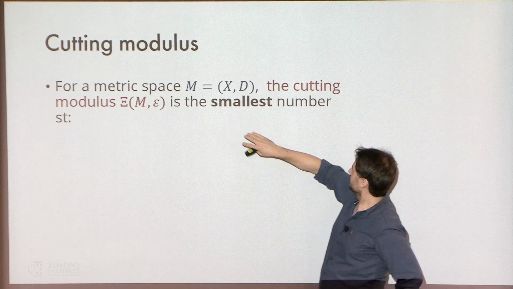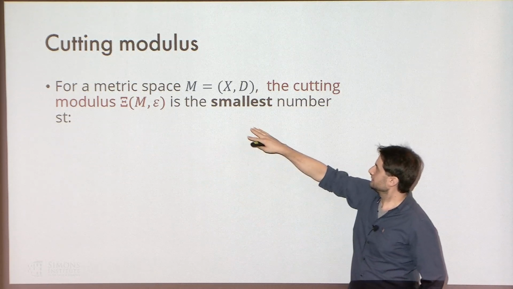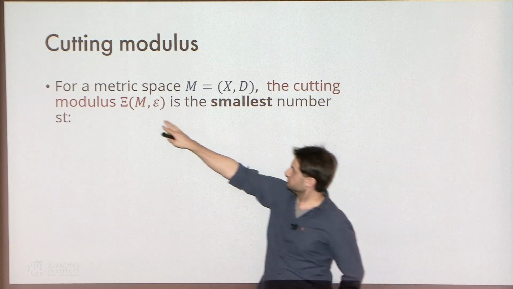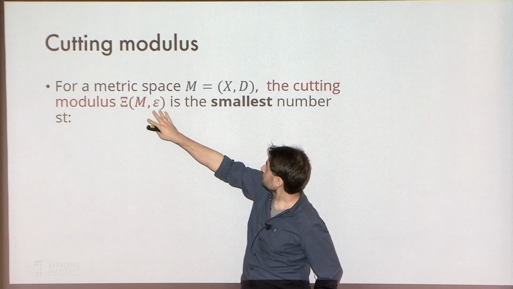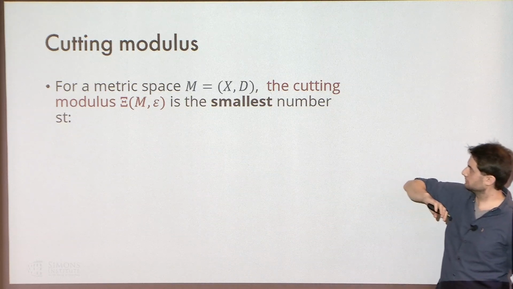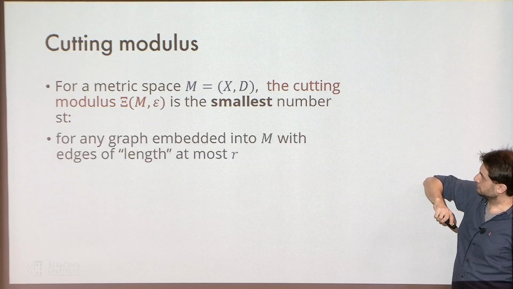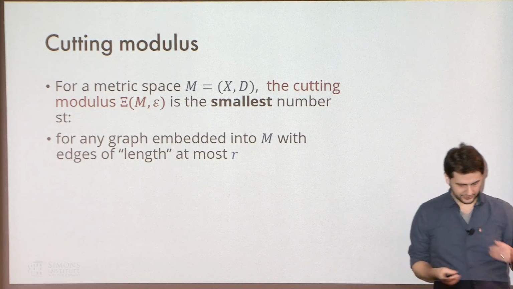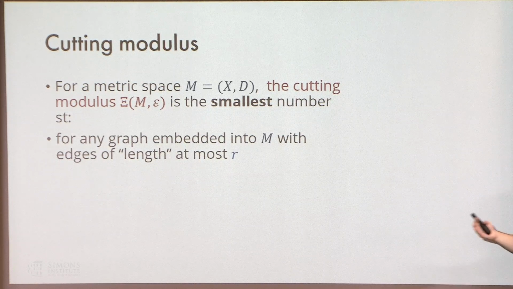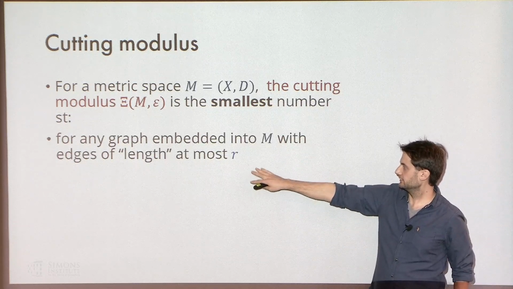So this number, this Xi, depends on the metric and on epsilon, which is some parameter. So it is the following, the smallest number such that the following holds. For any graph, so consider any graph, that we embed into our metric space M, such that all the edges have length at most r in this metric.